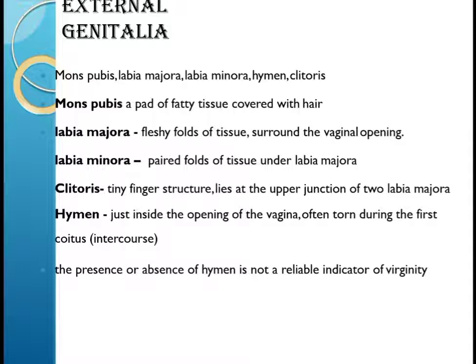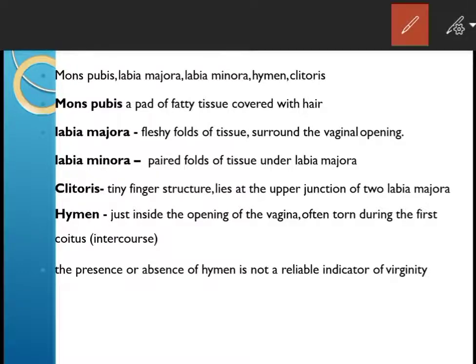Now, the new topic is external genitalia. The external genitalia of females consist of different parts like mons pubis. It is the anterior most structure of vulva, that is external genitalia, and is covered with skin and pubic hair.